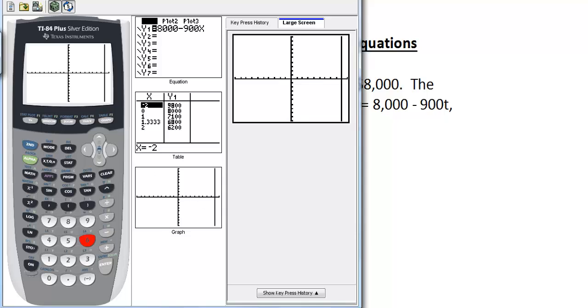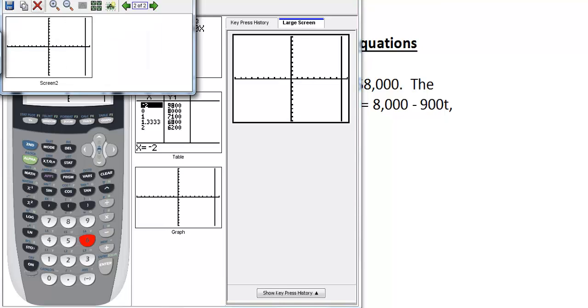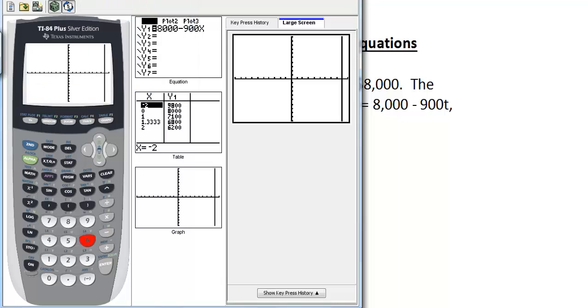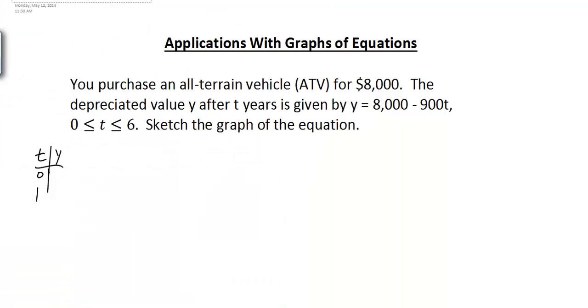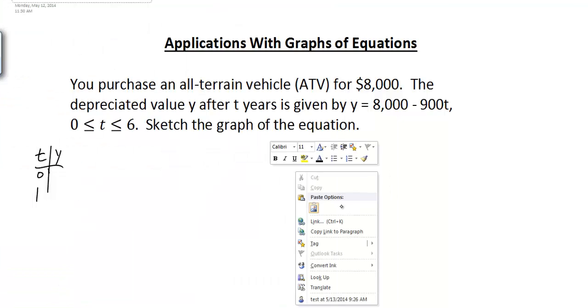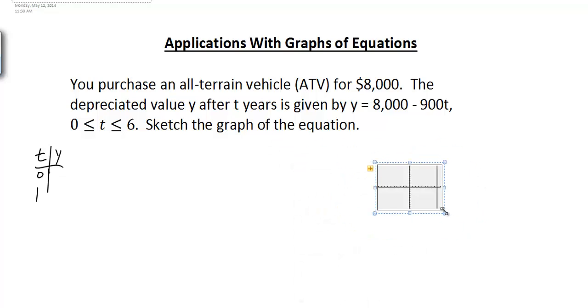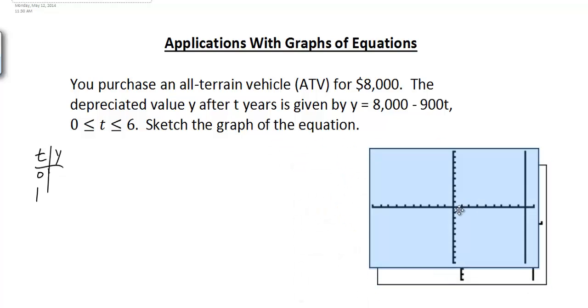And if we look at the graph, notice we have a vertical line. So we would expect a straight line based on the equation 8,000 minus 900t, but do we think this is a very good representation of the graph of this particular equation?